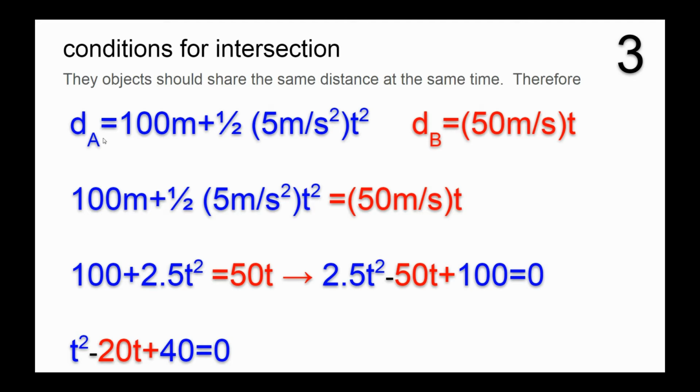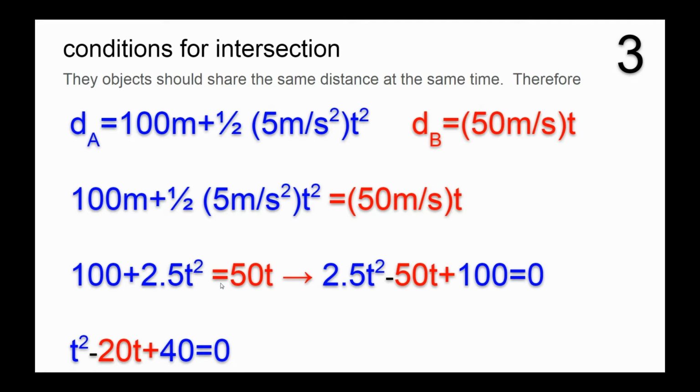So this means dA will equal dB. We put it together and we get this formula. We collect like terms and it will collapse to this quadratic. At the point we add the quadratic in, just drop the units. Do not keep them. It will make a mess out of things. So this is the one kind of problem where you're allowed to drop the units.